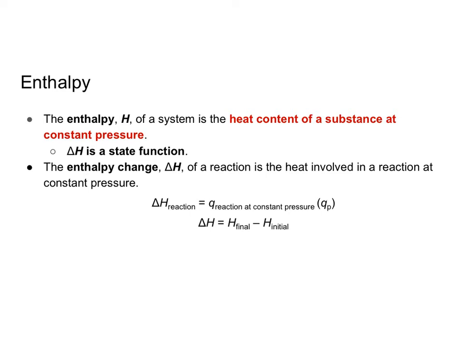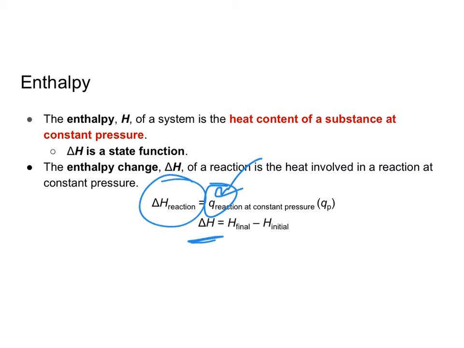But if we can estimate these and come up with a delta H, we can do that by saying the reaction, right, at a constant pressure, right? The heat at a constant pressure, and constant pressure just means that if you've got some involvement of pressure changes that could change this system, that could be a problem. But this is the heat, right? And the delta H is going to be equal to that as long as we hold some things constant.